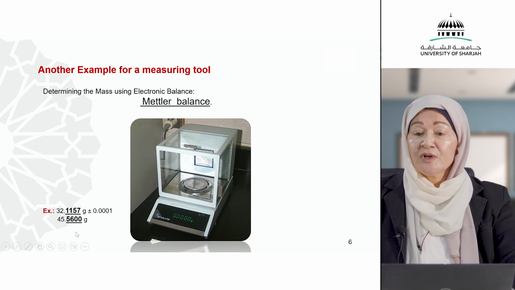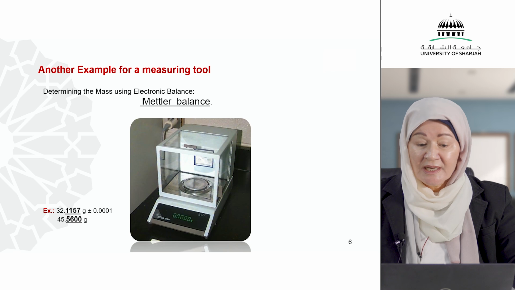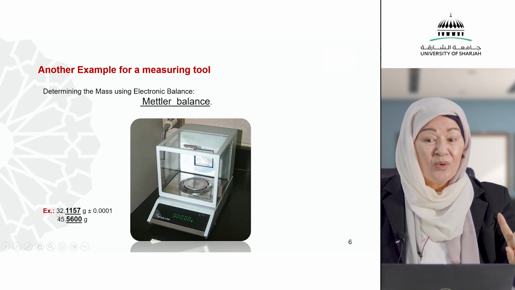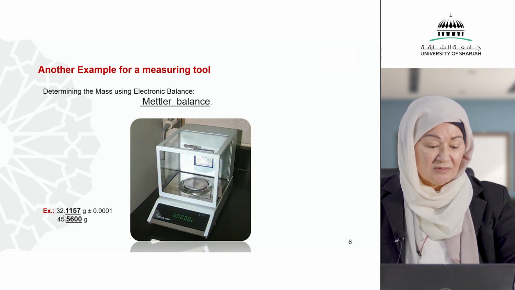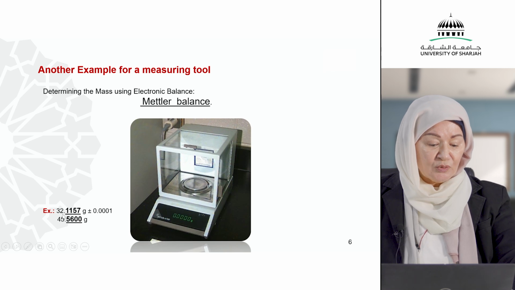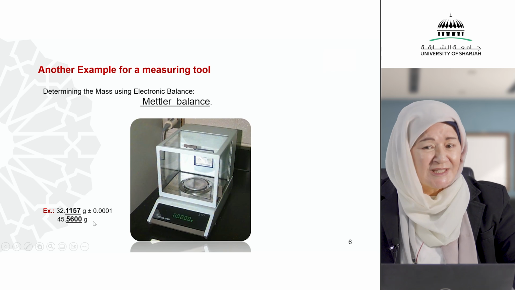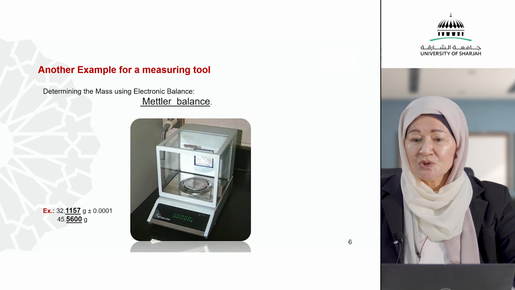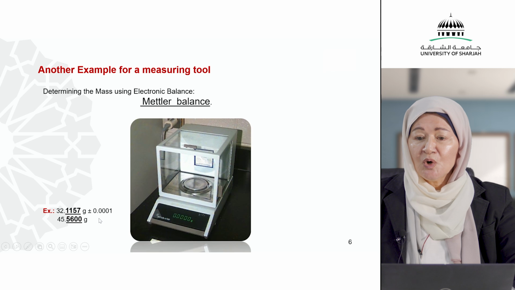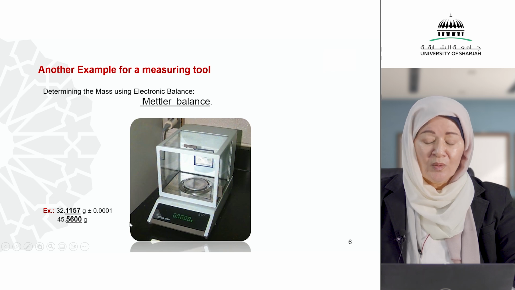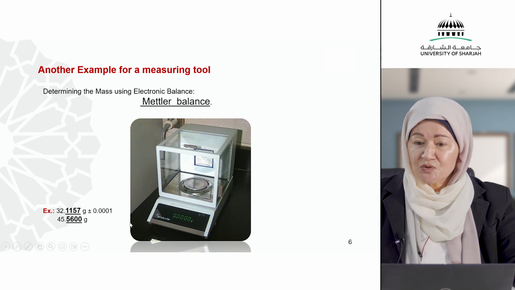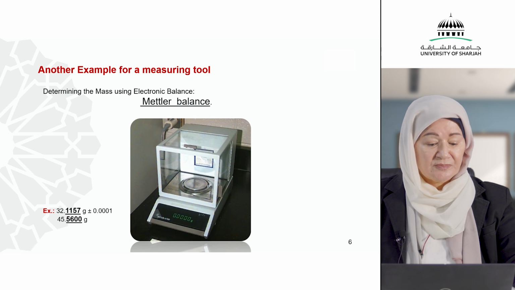Therefore, whenever I want to record a measurement using a balance, I have to record all 4 decimal places. For example, I have 32.1157. I don't delete any. I have to record it all, plus or minus 0.0001. This is the uncertainty of this electronic balance.